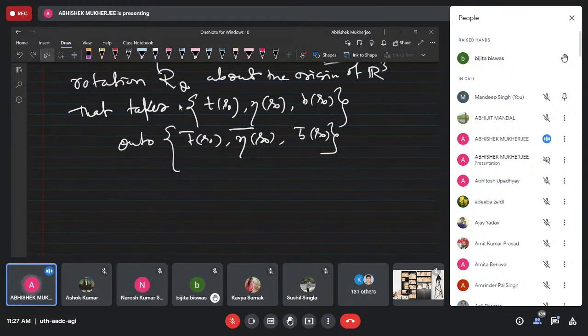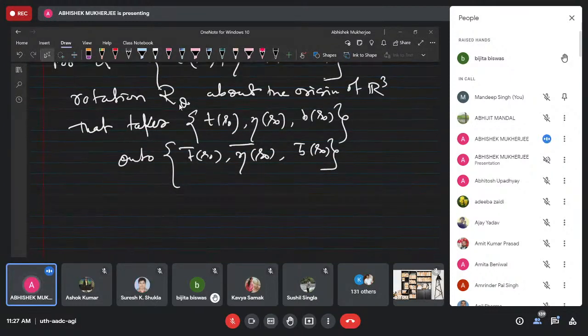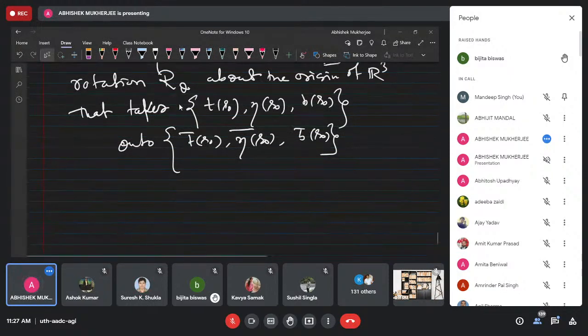And after executing this process, you can make a translation which takes alpha(s naught) to alpha bar(s naught), right?